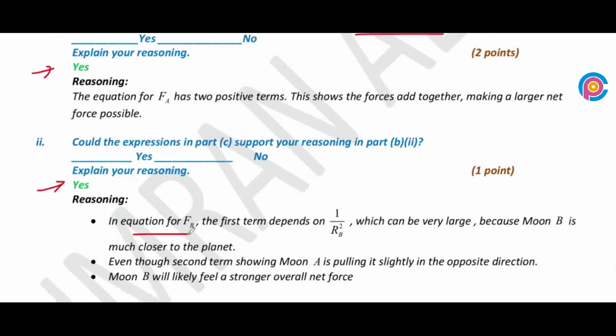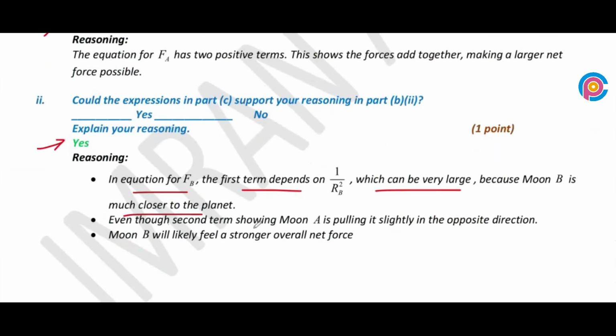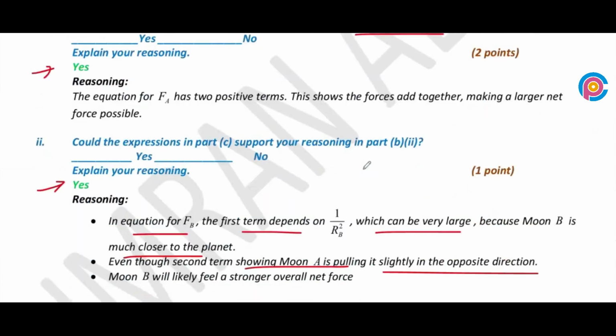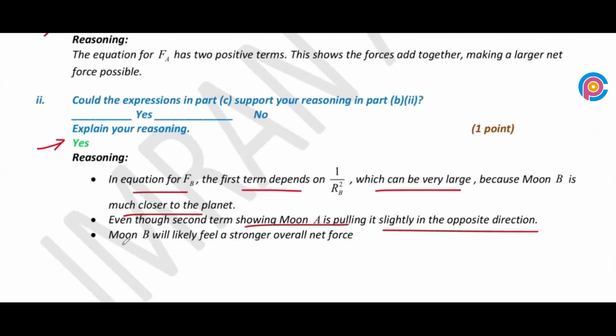In the equation of FB, the first term depends upon 1 over RB squared, which can be very large because moon B is much closer to the planet. The second term shows the moon pulling slightly in the opposite direction, because there is a minus sign. So moon B will likely feel a stronger overall net force.